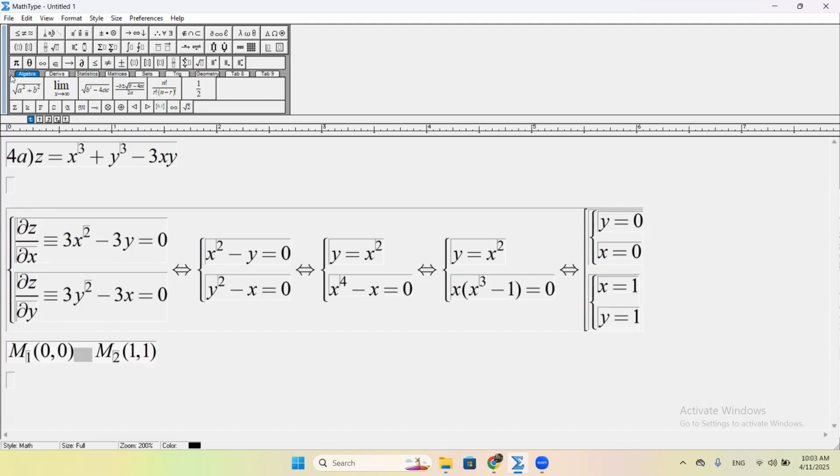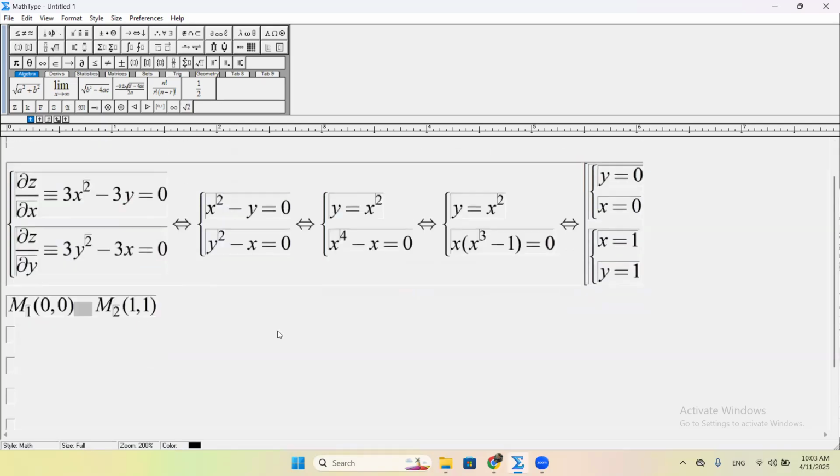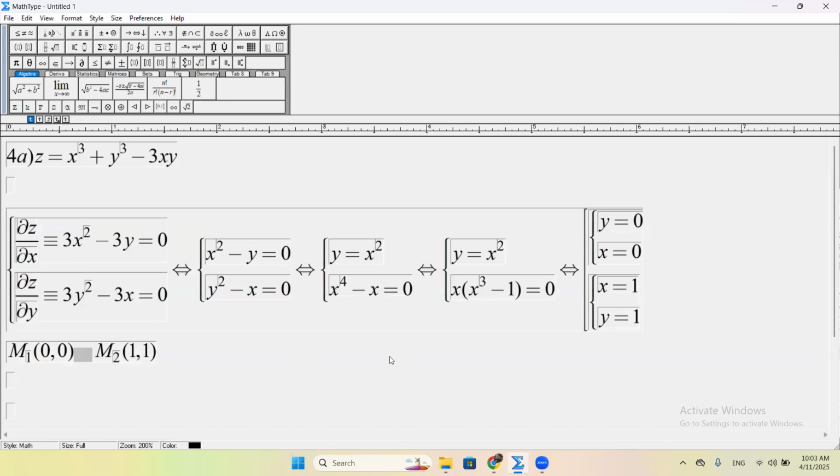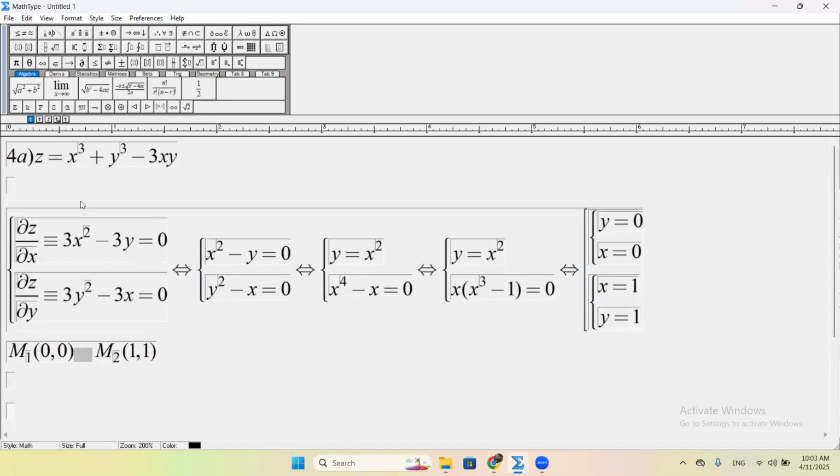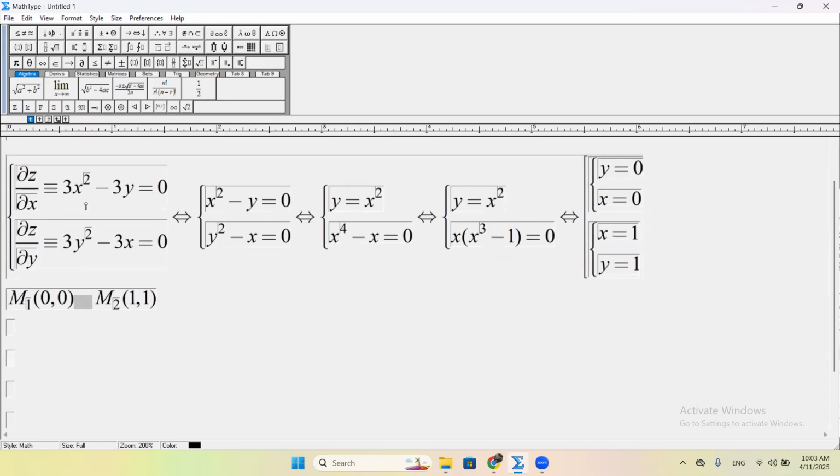So a stationary point doesn't mean that we have an extremum of the function. We need to investigate it more. So how to investigate? We have to find the second derivatives of this function. So the second derivative of z. Let's find first of all mixed derivatives.